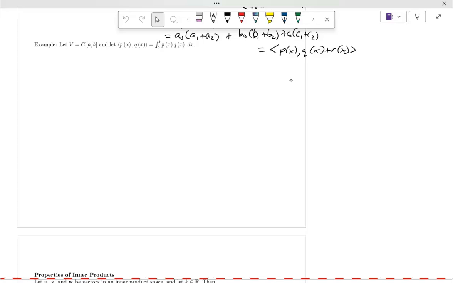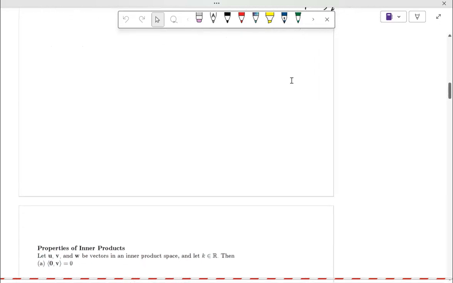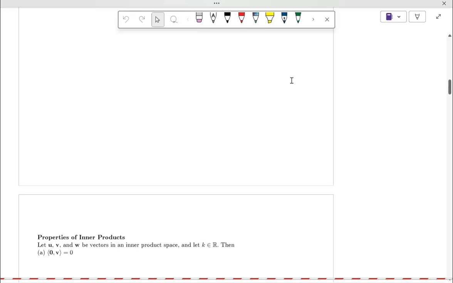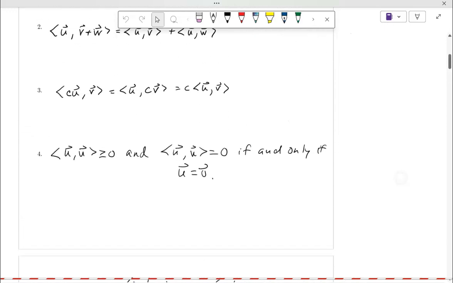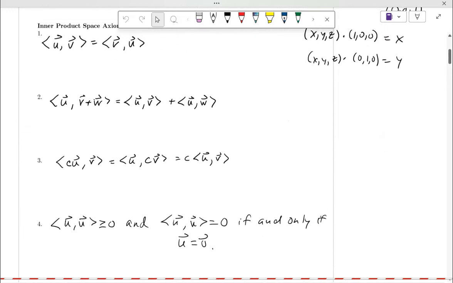All right. Well, let's continue on with our discussion of general inner product spaces. So remember again, if they satisfy the axioms, you can define inner products more generally than what we talked about for the standard dot product on R^n.